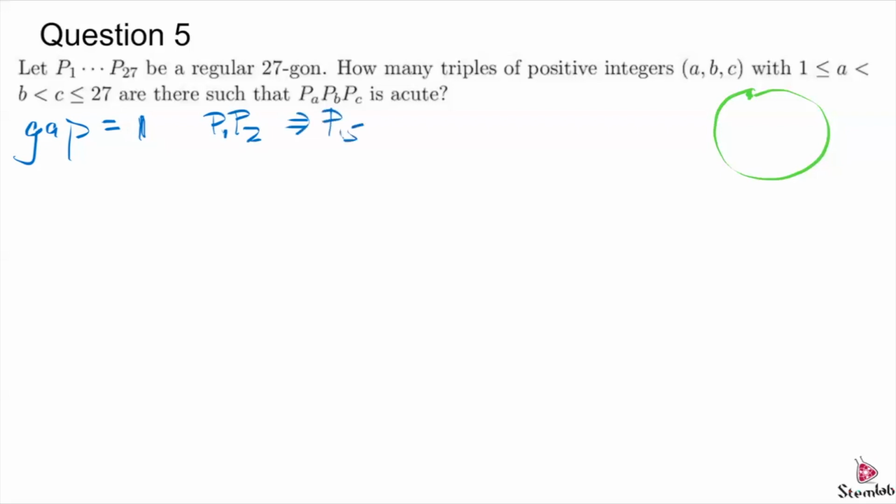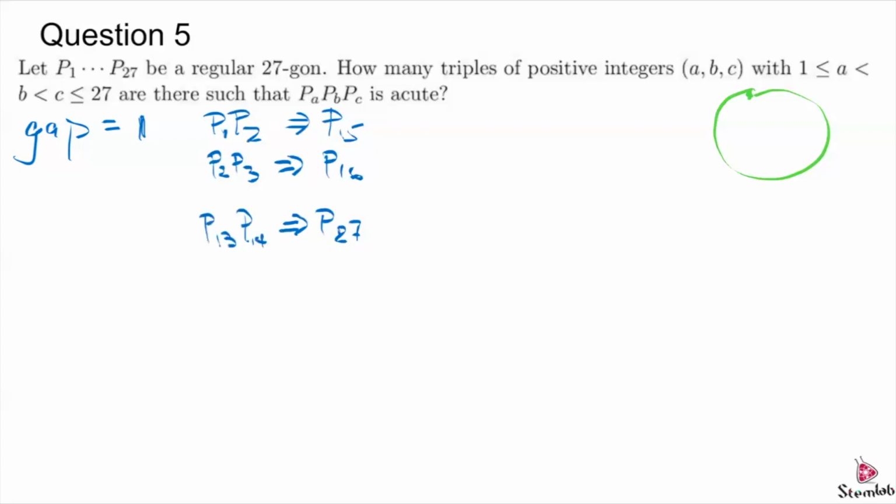Okay. And if you shifted that to P2, P3, then there's P16. Okay. And so on and so forth. For me, I built up the case until I reached P27 as my last point. Okay. So that means that I came from P13, P14.